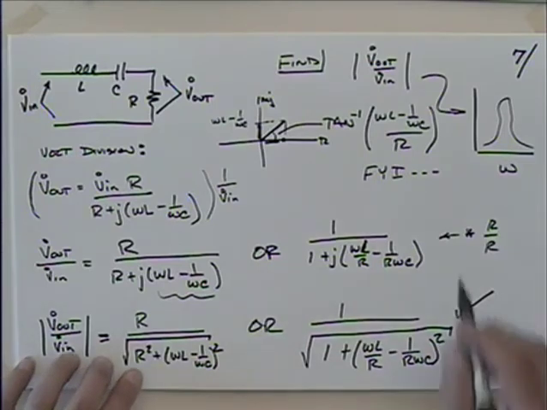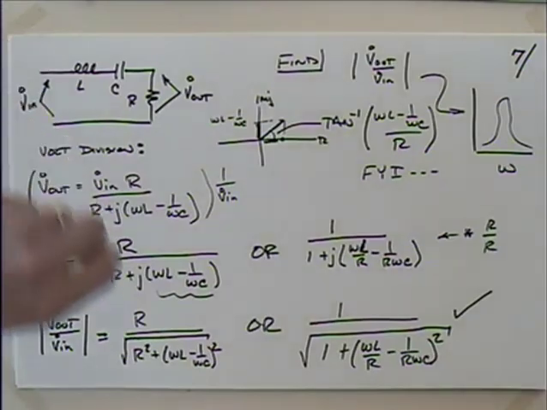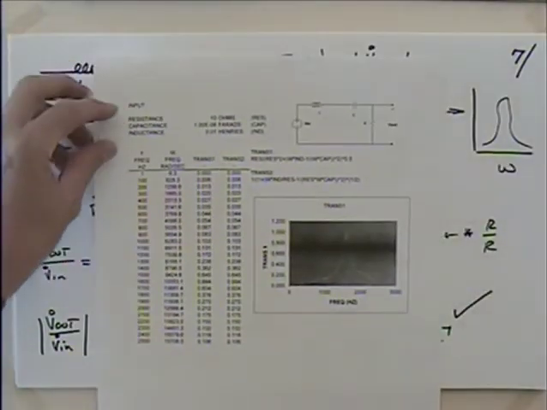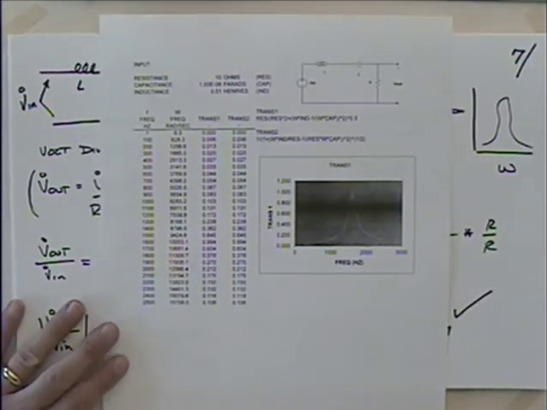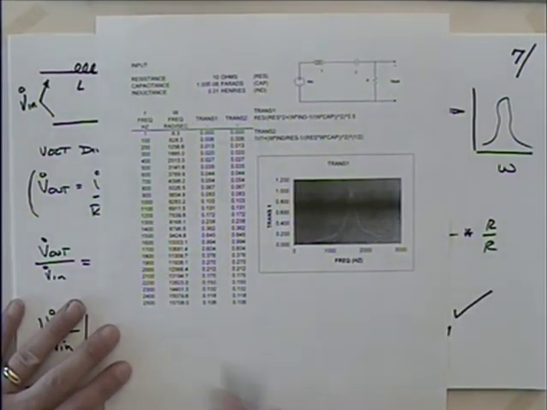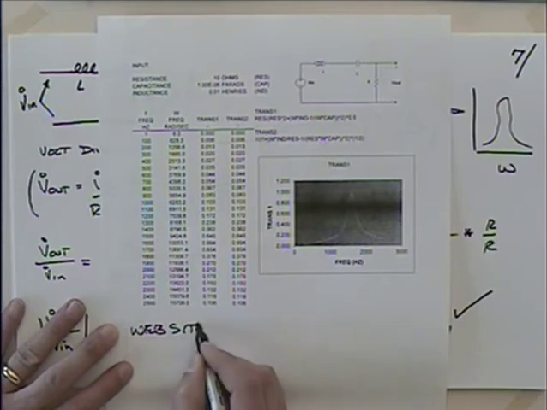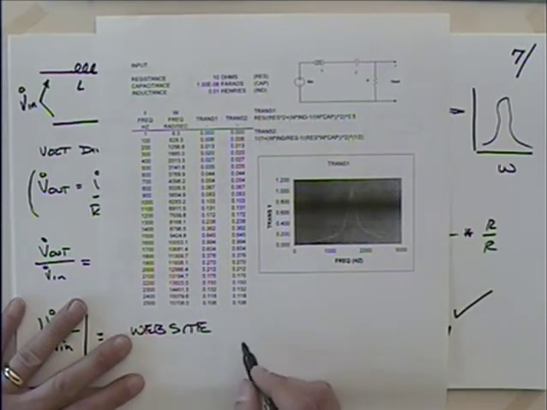So if you take either one of these, you could plot this. So what I've got here then is this, okay? And you'll find this if you go to the website. There are some folders at the bottom.